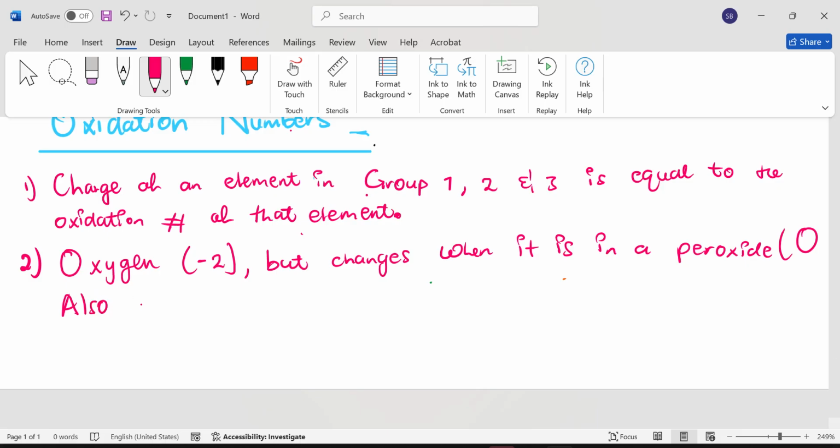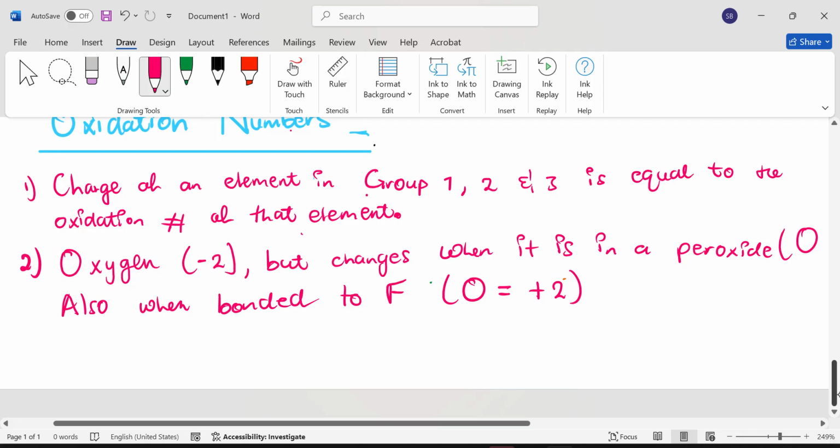When it's bonded to a fluorine, the oxidation number of oxygen becomes +2. You must never forget this. That is why I try to abstain from using oxygen, because it does not stay the same all the time.